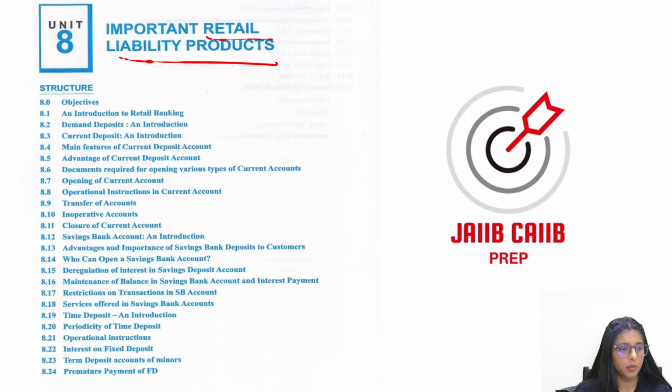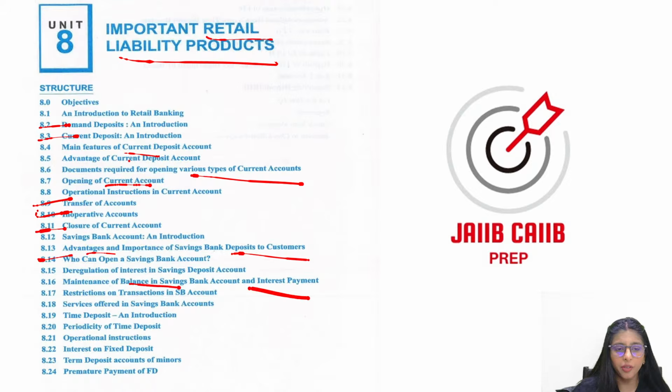So in this, we have important topics: demand deposit, current deposit, main features and advantages. What are the documents required for operating various types of current account, opening a current account, transfer of account, inoperative account, saving account, saving bank account, advantages and importance of a saving bank account, who can open a saving bank account, maintaining a balance in a saving bank account and interest payment, restrictions, time deposit, periodicity of time deposit, operational instruction, interest on fixed deposit.